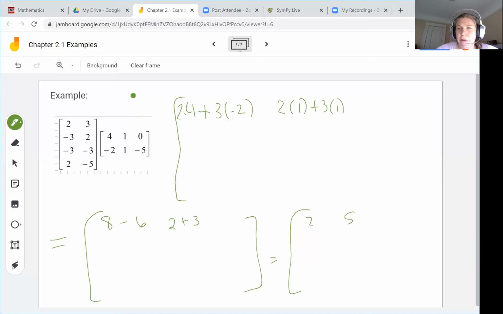And then our last entry in the first row is going to be 2 times 0 plus 3 times -5. All right, so that's going to be 0 minus 15. And so we get a -15 here.